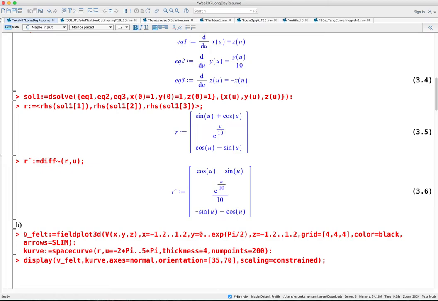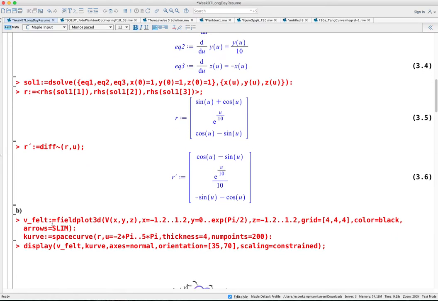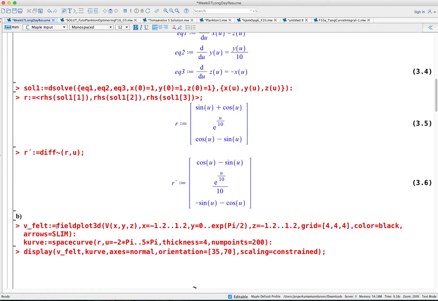Now, what I want to do is show you how the vector field looks. If you have a vector field, then to each point in space you have attached a vector, and I can depict this by using the fieldplot3d routine.